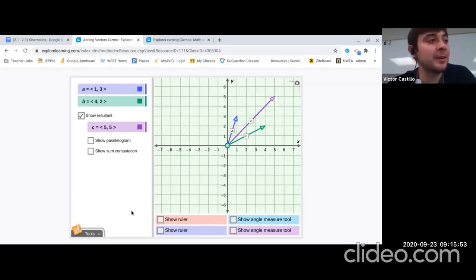I see some people have answered 5 and 5 because you add them up. That's a great answer. The reason is you add the 1 from the x-component of A and the 4 from B, so 1 plus 4 equals 5, and you do the exact same thing with 3 and 2.